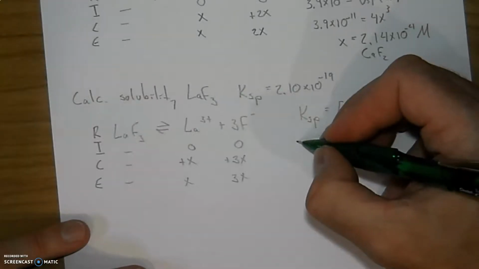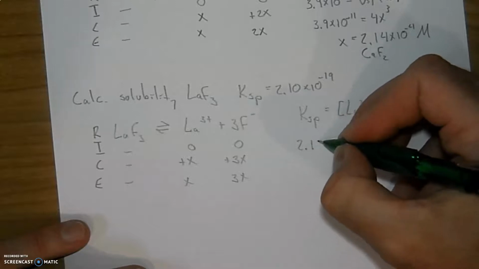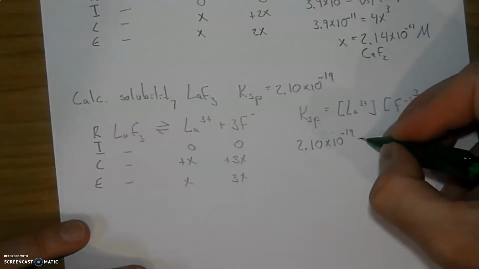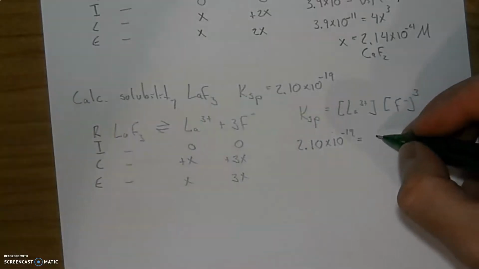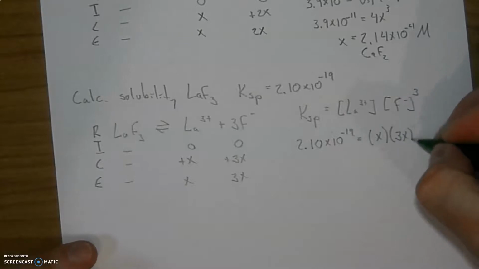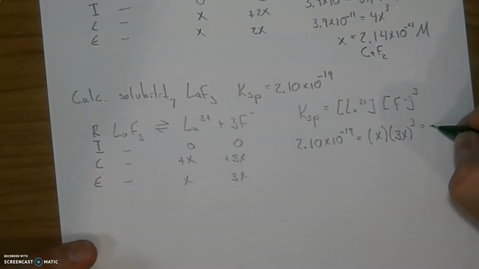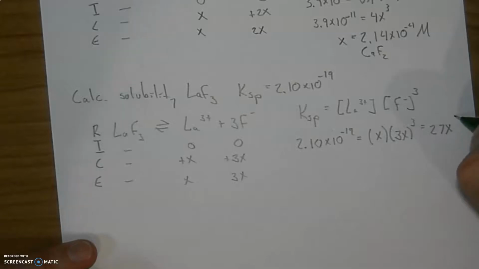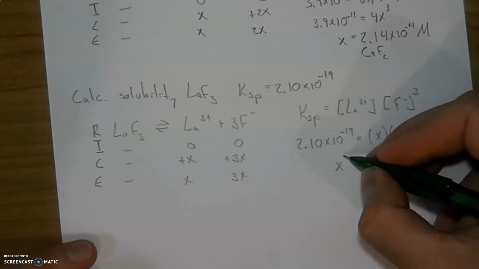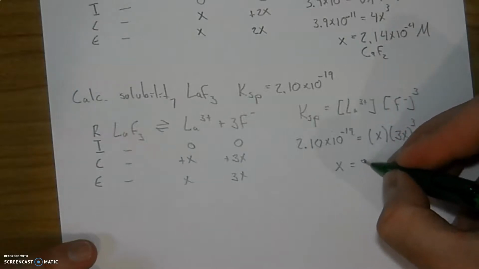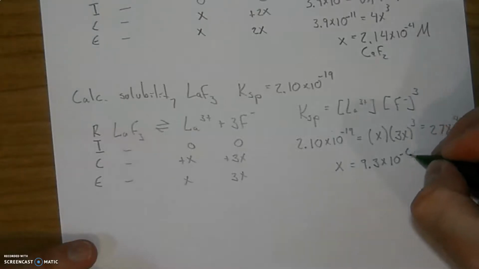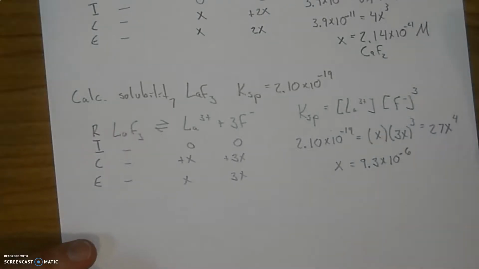And then based on the value from the back of the book, do the math here really quick. Well, I'll go ahead and put it in. X and 3x cubed is equal to 27x to the 4th, based on doing this part first. And I'm really quickly just going to go to the end and say x is equal to 9.3 times 10 to the negative 6. There we have it.